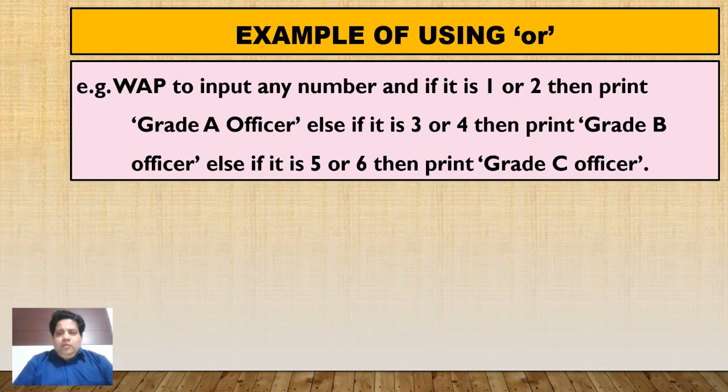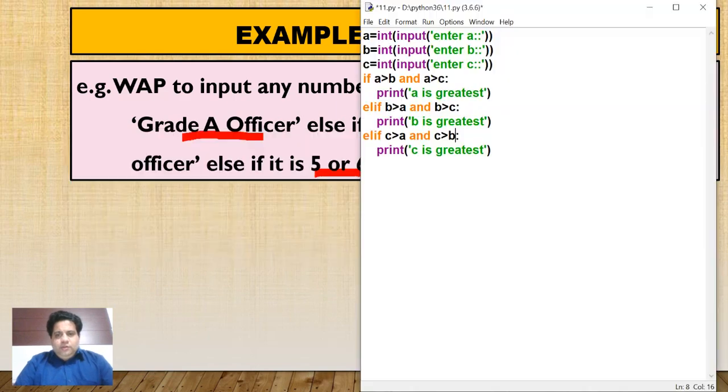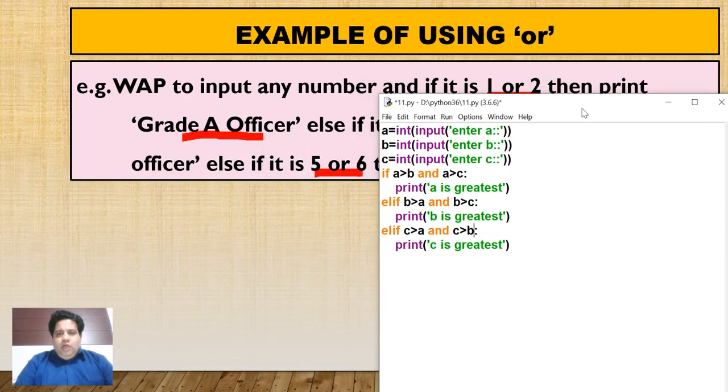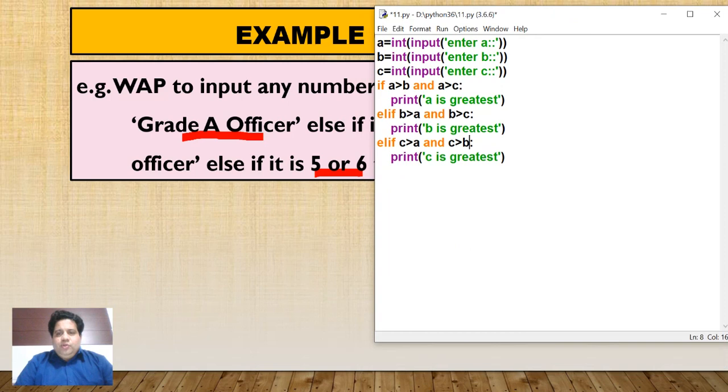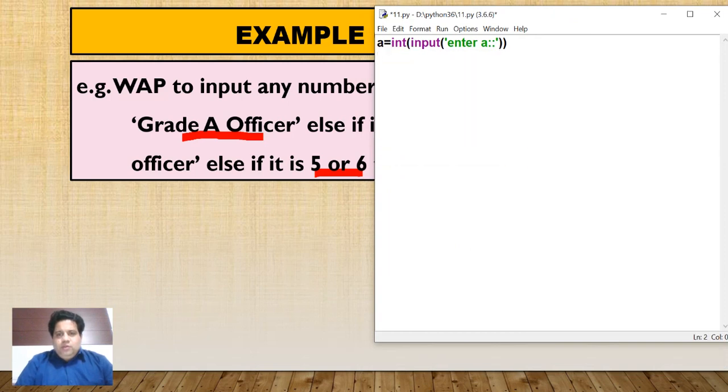Now in this program it is clearly mentioned that on 1 or 2 you have to print grade A. If it is either 3 or 4 then print grade B, and if it is 5 or 6 print grade C. So how many numbers do you have to take as input? Only one number. So enter any number.